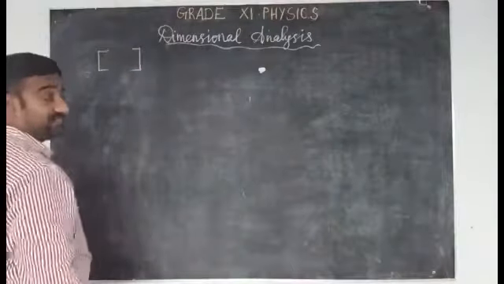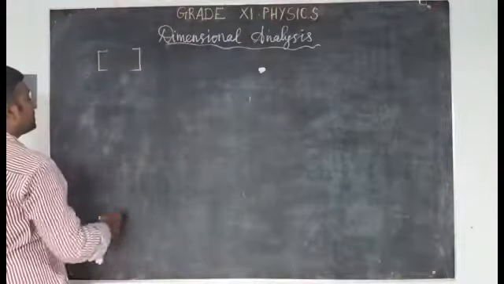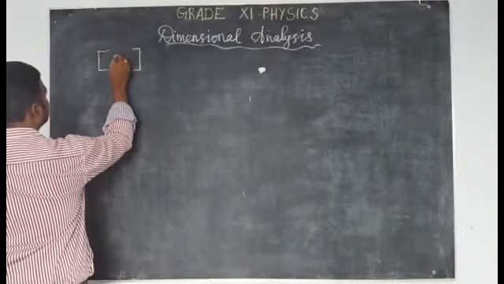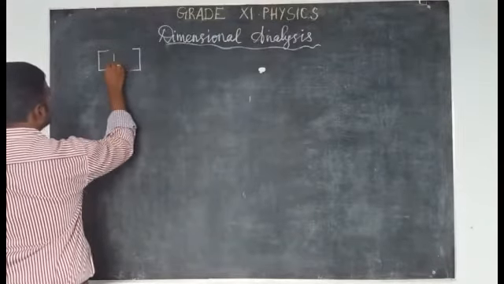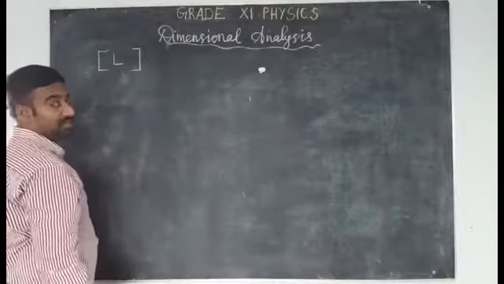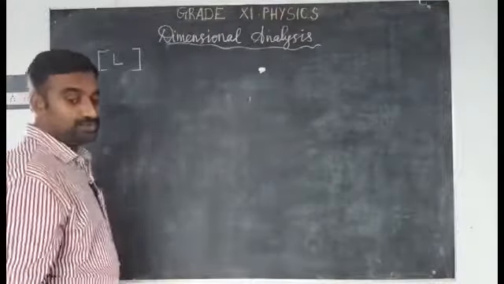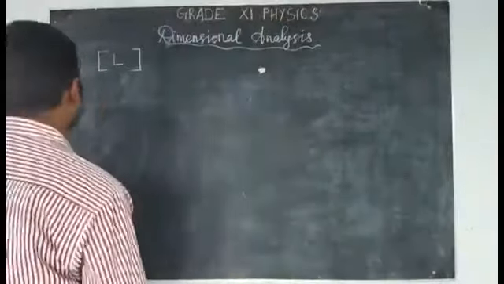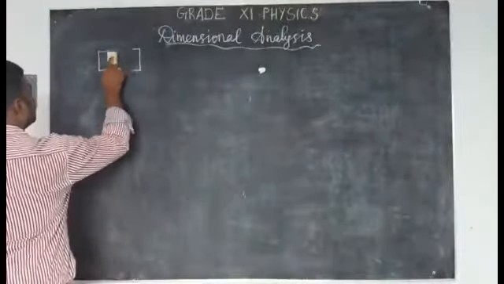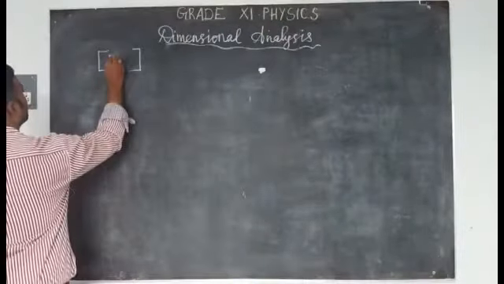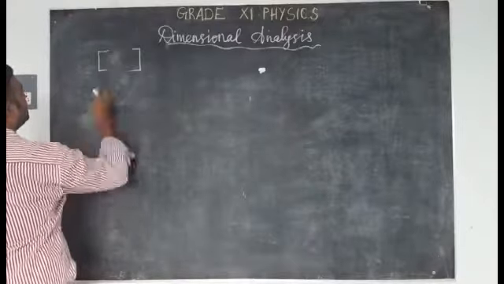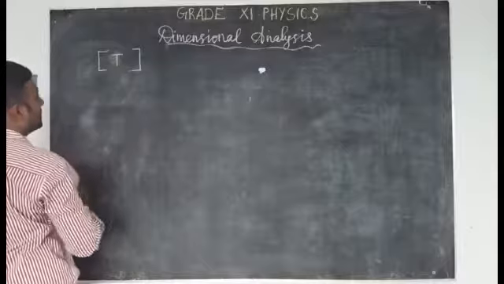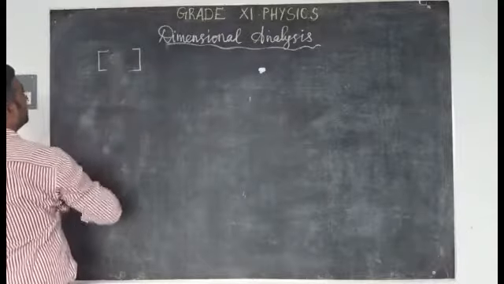Okay. We have 7 fundamental quantities. What are the 7 fundamental quantities? Length, mass, time. For length the dimension is L. Similarly for mass it is M, and for time it is T. Then temperature, it is Kelvin.